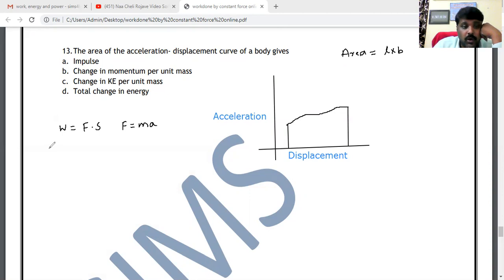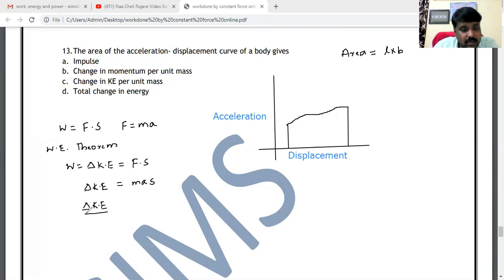And according to the work energy theorem, the work done on an object is equal to change in kinetic energy, that equals F into S. F into S equals change in kinetic energy equals M into A into S. Let us divide the entire equation by M. Then M gets cancelled and we get A into S. If there is a product, we get the area.